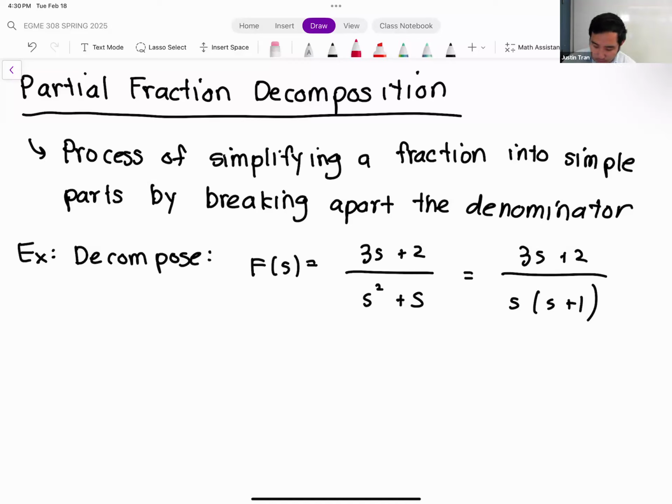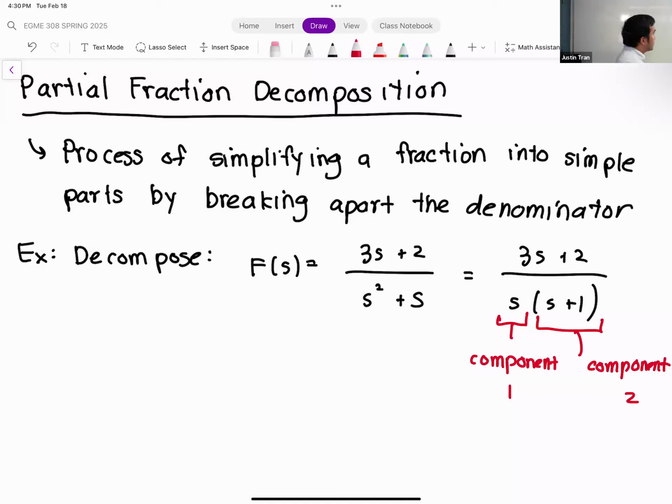Component 1 is s, and component 2 is s plus 1. So let's decompose this, and break this up into one term that just has component 1, and one term that just has component 2.